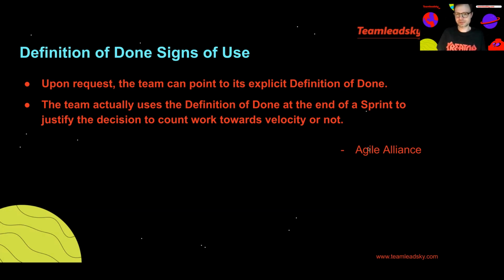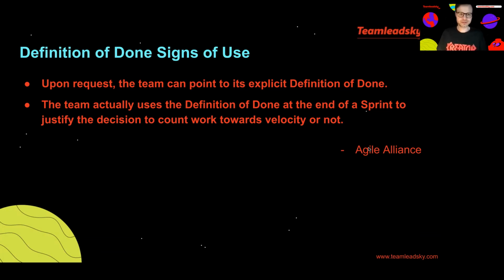Agile Alliance provides two signs of use of the definition of done. One is that the team members can actually find it and point to it, show you the actual definition of done.